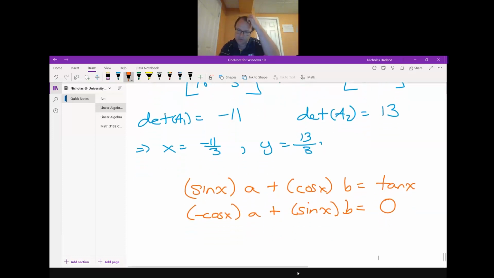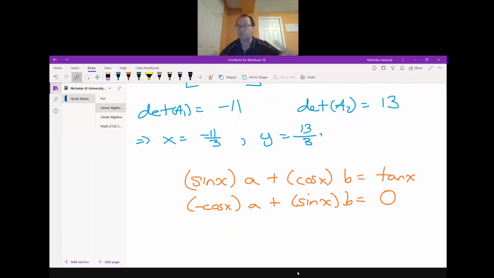I'm not saying you're going to do anything like this in class. This is just where this might go. Imagine trying to use row reduction on a system like this. That could be something insanely crazy.